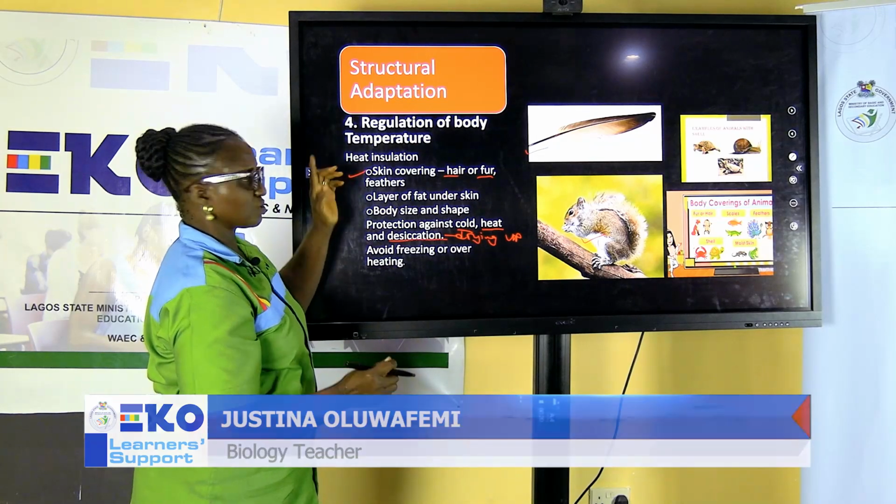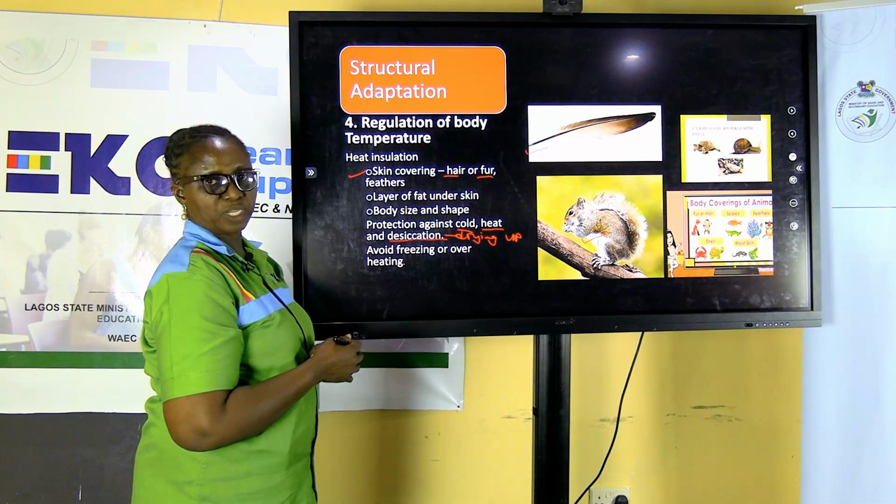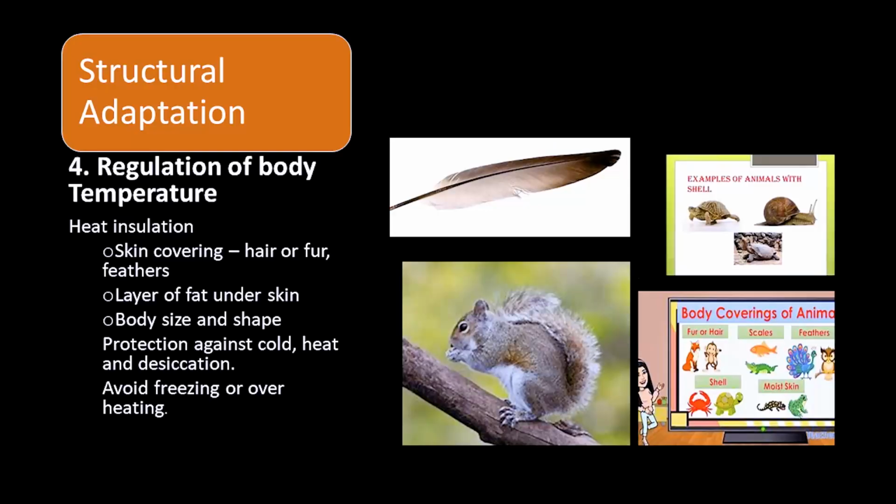We are looking at what? Structures that certain organisms use for regulation of body temperature. So here we have examples of animals with shells. Turtles, we have a turtle, tortoise, and we have snails. Snail is common, we have it around us.